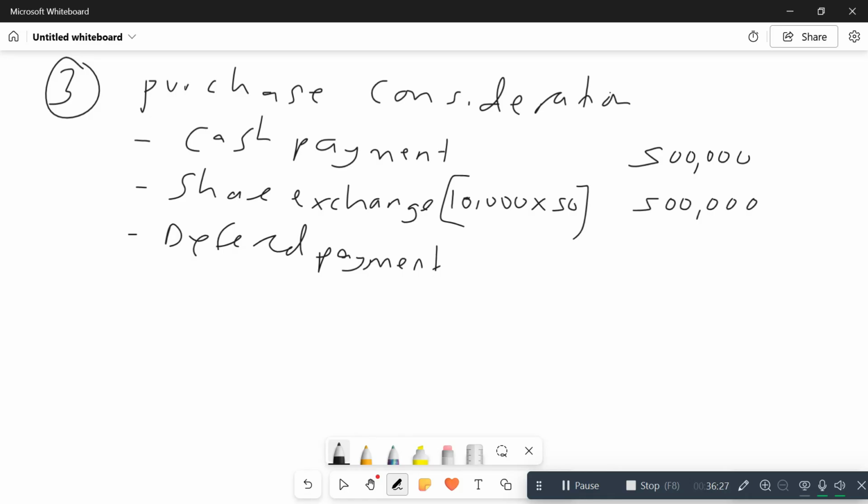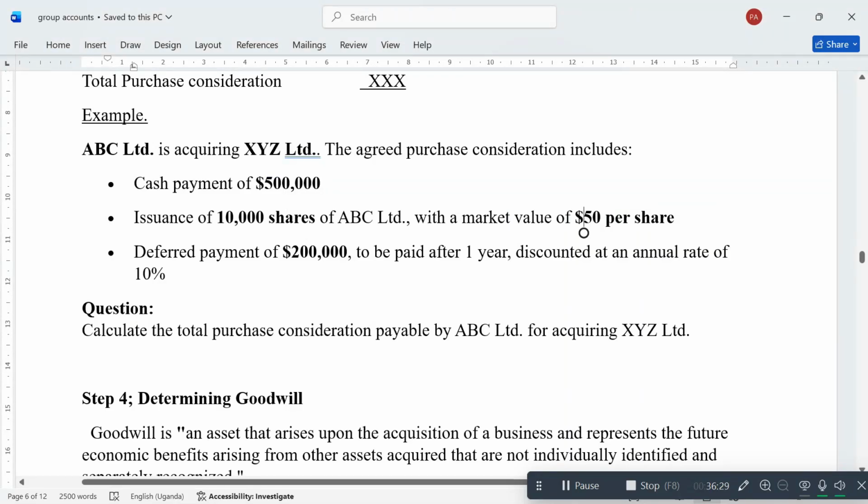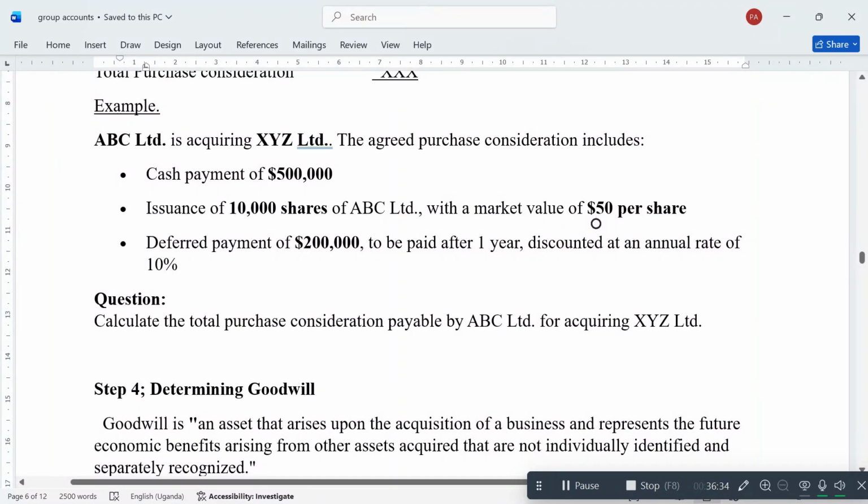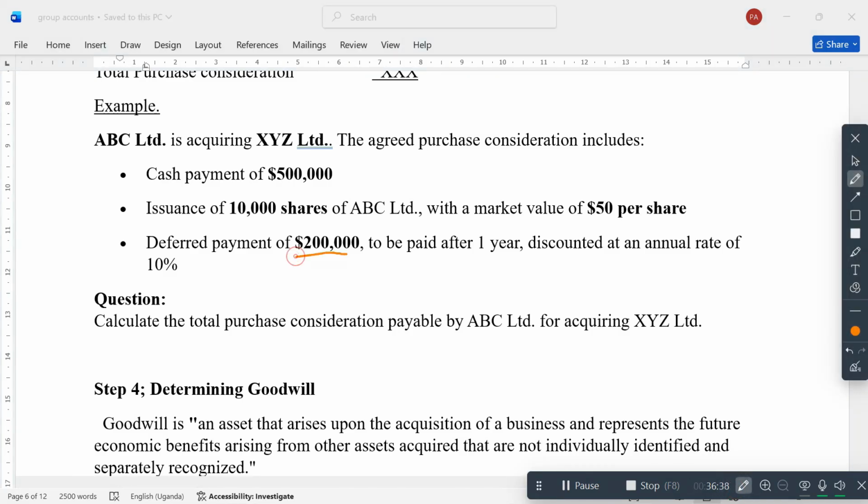Now here at the deferred payment, remember they have given us that you are expecting to pay 200,000 after 1 year. The annual rate of interest, the discount rate, is 10%. We are going to discount this 200,000 because this is a future value to be paid after 1 year. So we bring the future value to present value. To get the present value, it is very simple.